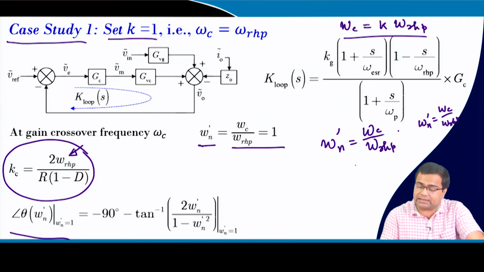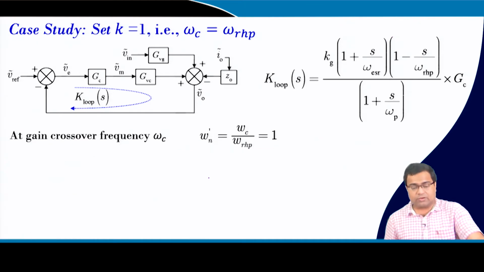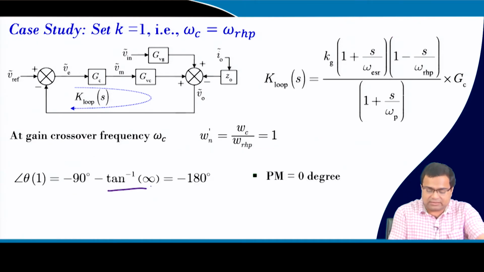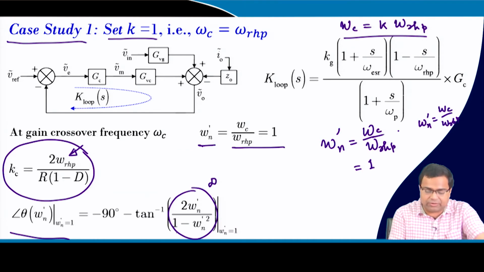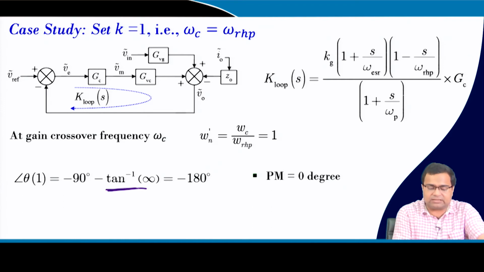Now, if we set omega c equal to omega RHP, so this is 1, and if you consider this term, it will become infinity, because in the denominator you will have 1 minus 1. So, it is some constant by 0. So, it will be infinity, and if infinity, then tan inverse is 90 degree.